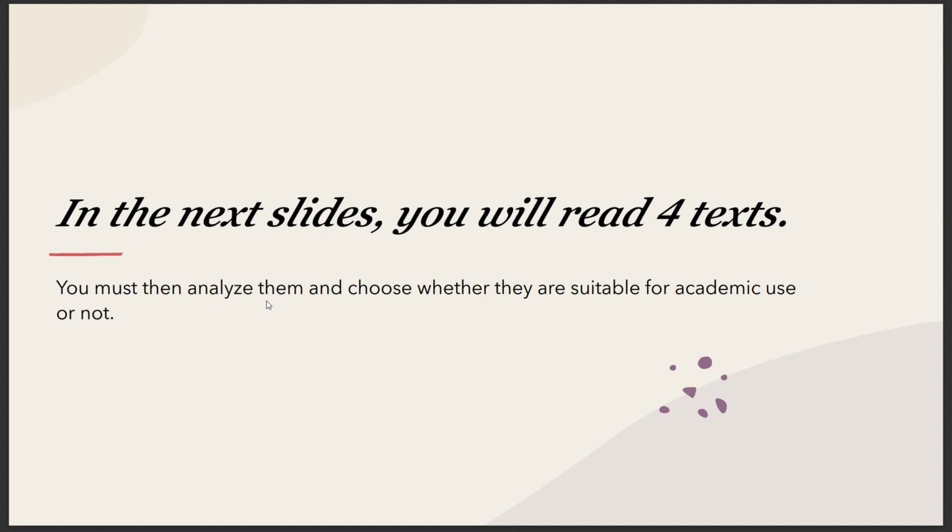Meaning, can you use those kinds of texts for your academic projects or for your academic research? So all you need to do is analyze and just say yes or no. In the video, I will only give you 5 seconds on each of the slides, but in real life, you can pause the video and actually take as much time as you need.